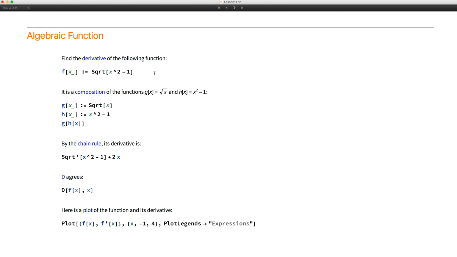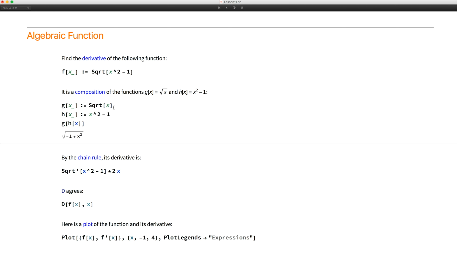Okay, so as an example of an algebraic function with a composition in it, let's take the square root of x squared minus 1. Now, in this case, the inner function is going to be x squared minus 1, and the outer one is square root of x. So that's the composition in this case, g of h of x.